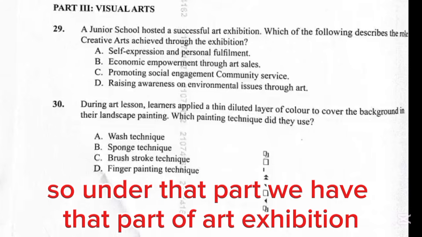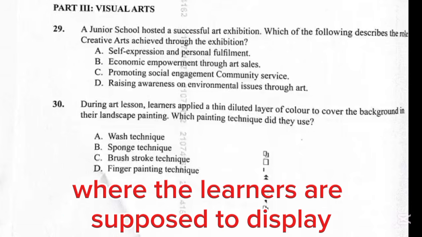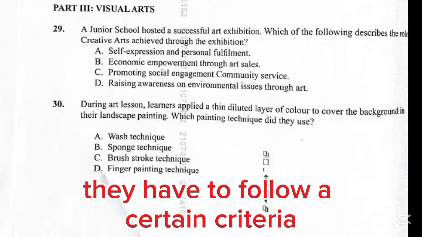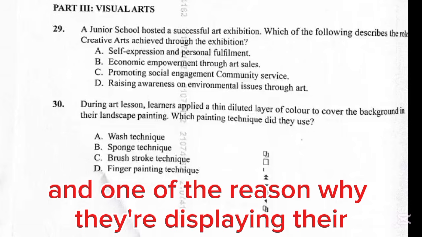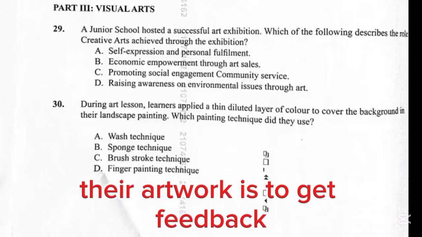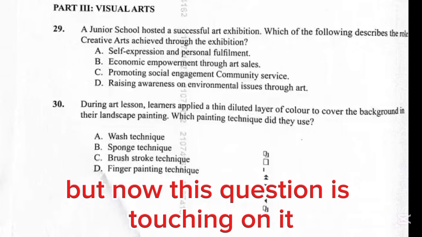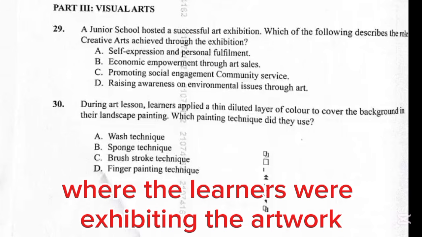So under that part, we have that part of art exhibition where the learners are supposed to display their artworks, and when they are displaying their artworks, they have to follow a certain criteria on how to display. And one of the reasons why they are displaying their artwork is to get feedback from their peers and from the teachers. But now, this question is touching on it where the learners were exhibiting the artwork.